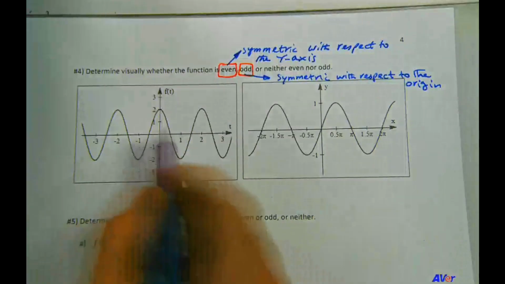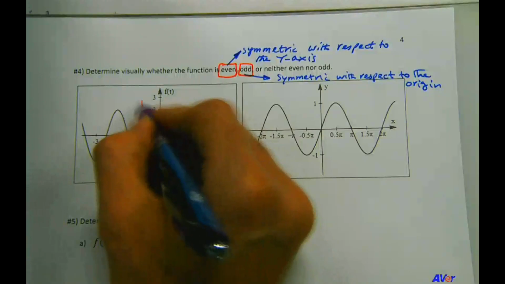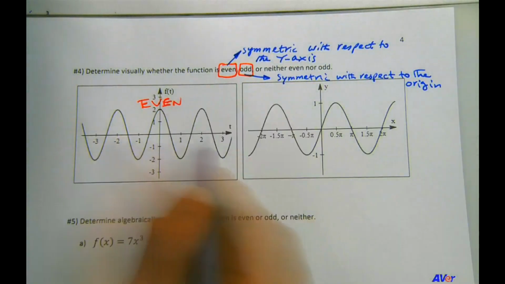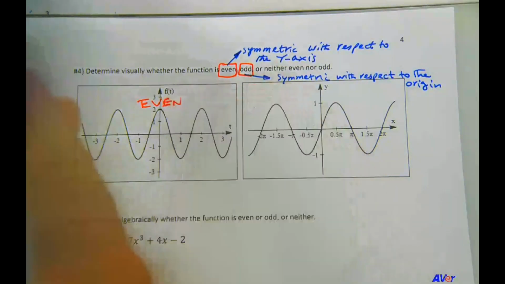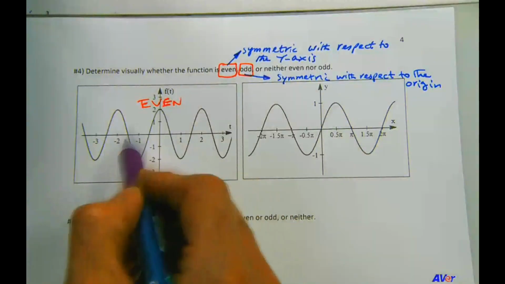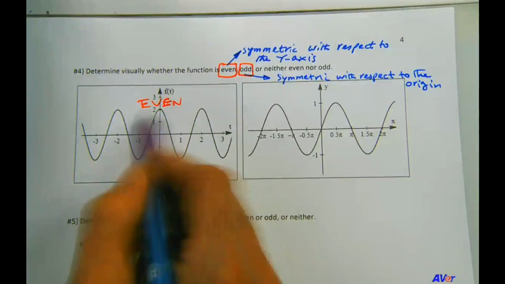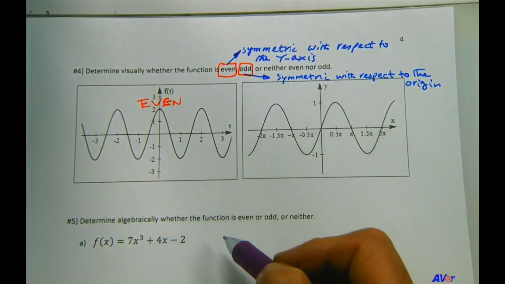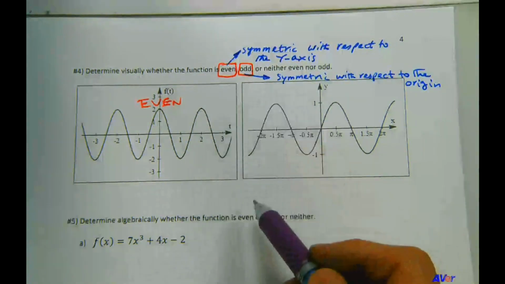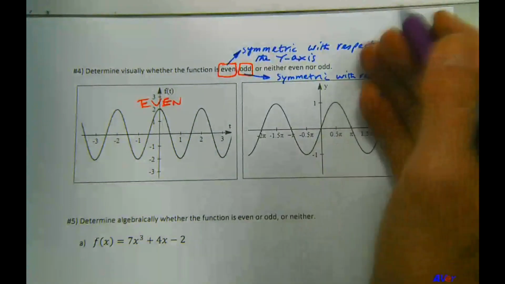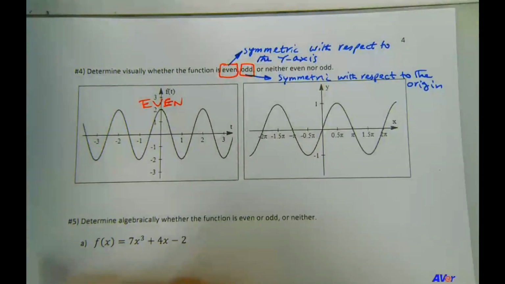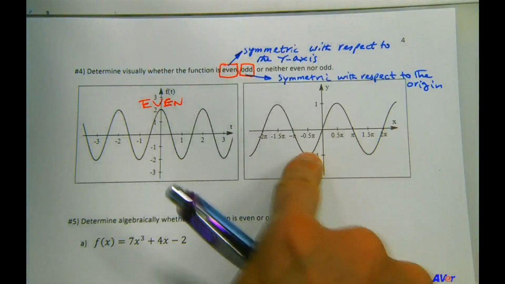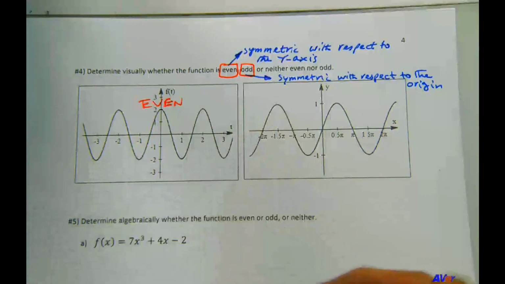Take a look at this. This is certainly an even function, right? It's symmetrical with respect to the y-axis. If you fold this graph along the y-axis, it'll superimpose or overlap on the other side. How about this? This is symmetric with respect to the origin. If you fold this graph along the origin, that piece will fold over this, and the rest of this will fold over that.